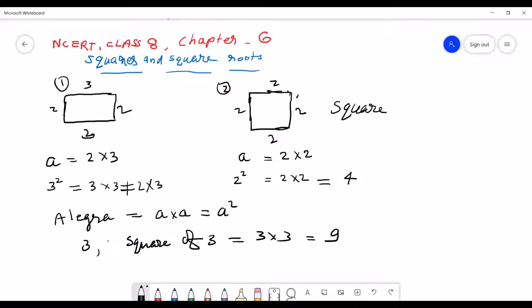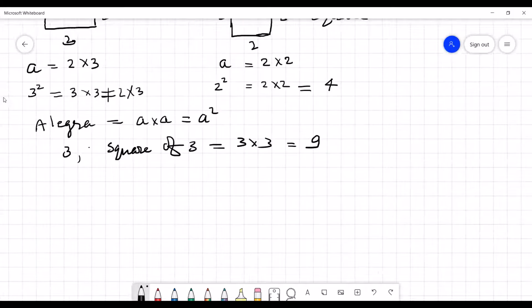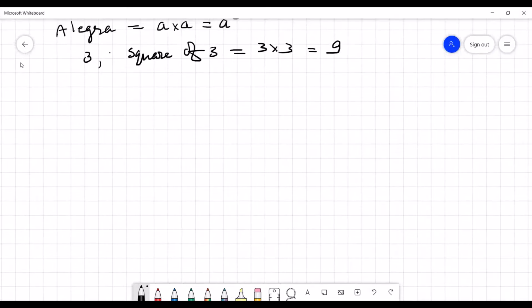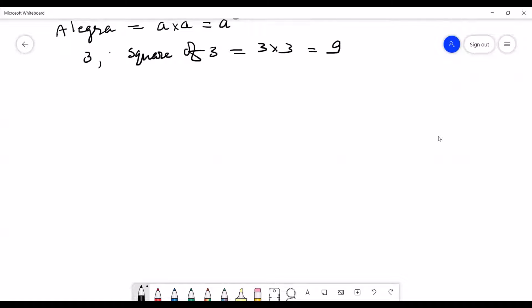So if you have to take the square of any number, you simply multiply that number with the same number, then we get the square. That is the definition of square. If it is 1, then we get 1 into 1, that is 1.